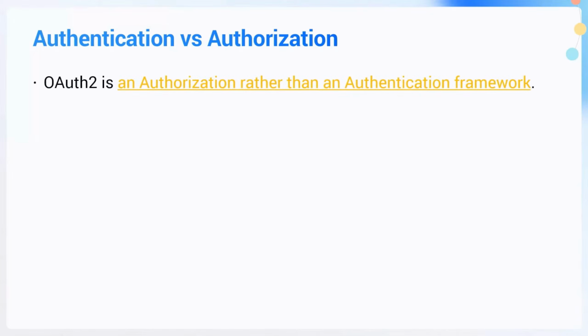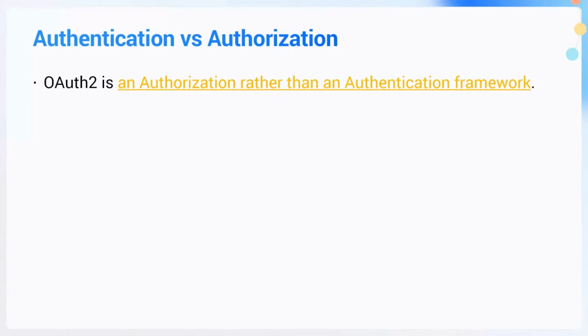Okay, let's talk about authentication versus authorization. The thing that always comes up as a question when we talk about using OAuth2 for authentication is that it's actually an authorization protocol or an authorization framework.